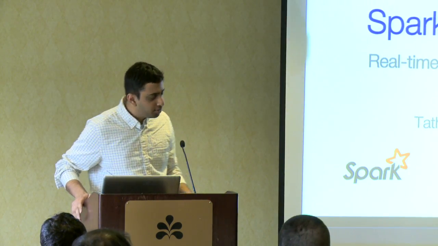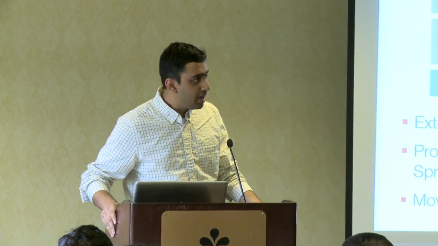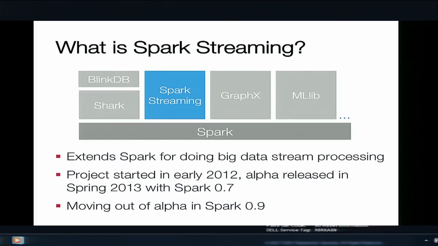Thank you very much, Andy, for the introduction. So Spark Streaming. As you have already heard a number of times yesterday and today, Spark Streaming is one of the key components of our stack, and it extends the Spark batch processing system to do stream processing.